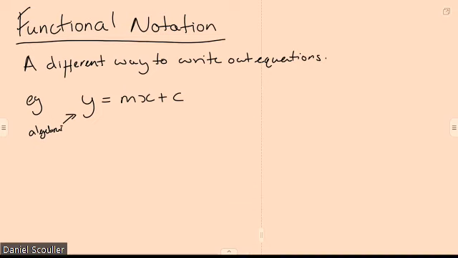There's another form of maths that you don't need to know in depth, called calculus. They like to write it in functions. So instead of the y, we'll write it as a function of x. So f of x equals mx plus c.